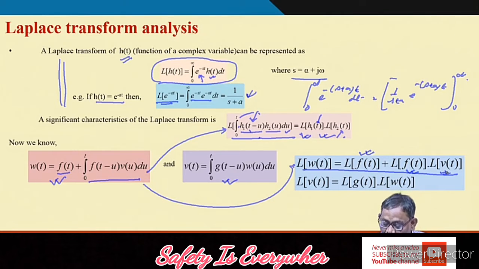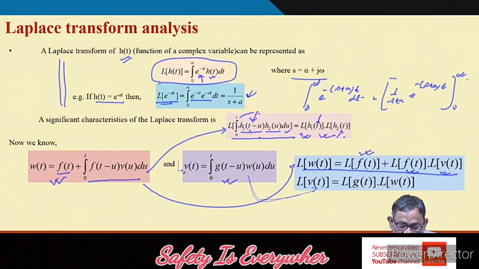So, what does it give? It gives that if we know ft and vt, then we will be able to compute wt using this Laplace transformation. Similarly, the other equation can be converted.